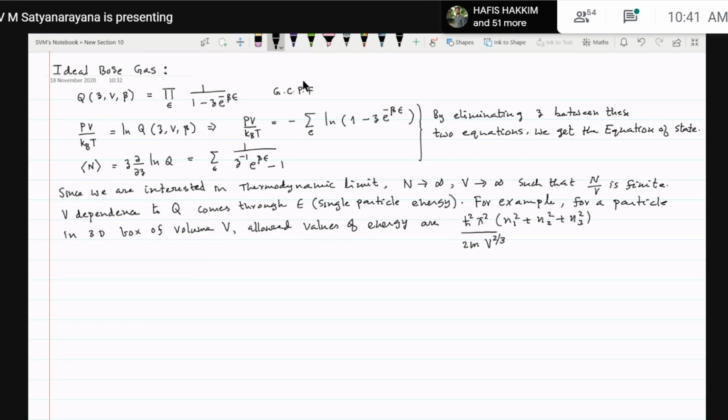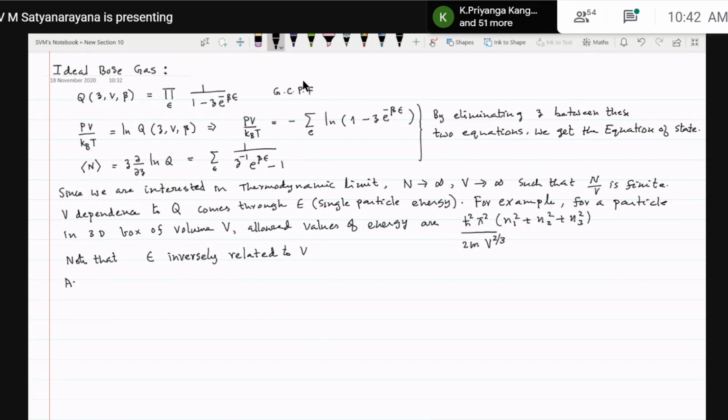Okay, so note that epsilon is inversely related to volume.